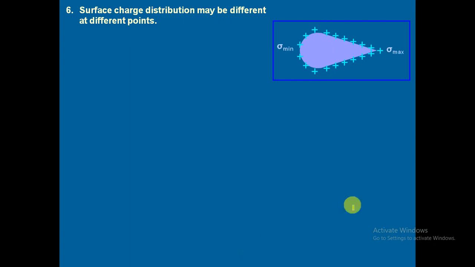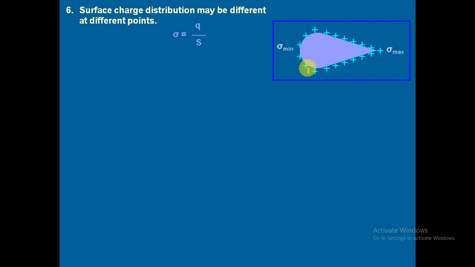You can see here sigma is maximum at the pointed tip, and here the tip is not pointed, it has more area, so sigma is minimum. As we know, sigma is charge per unit surface area. So where the surface area is less, sigma becomes more, and where the surface area is more, sigma becomes less.